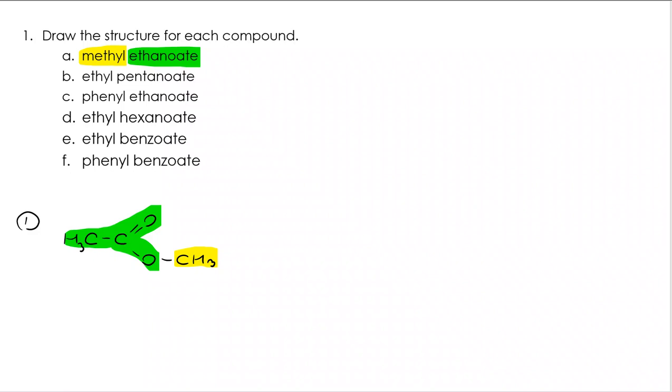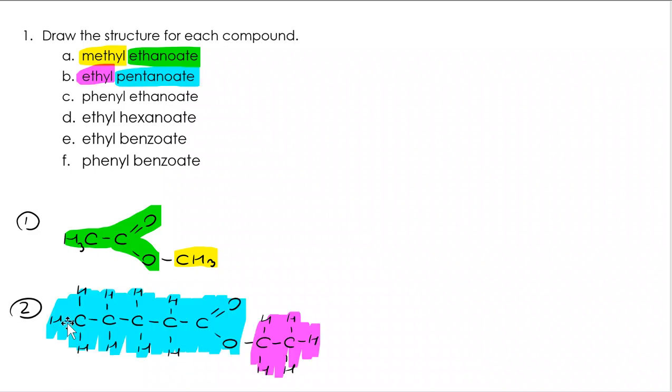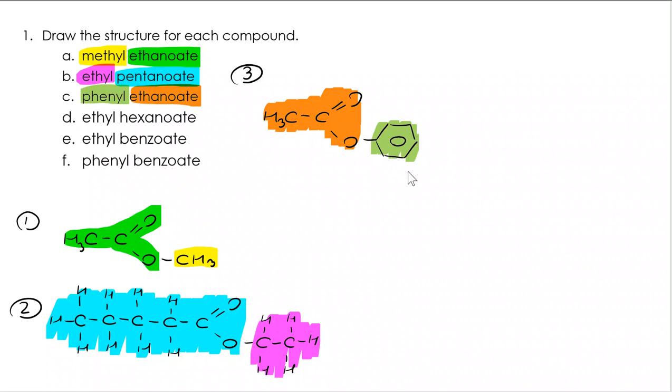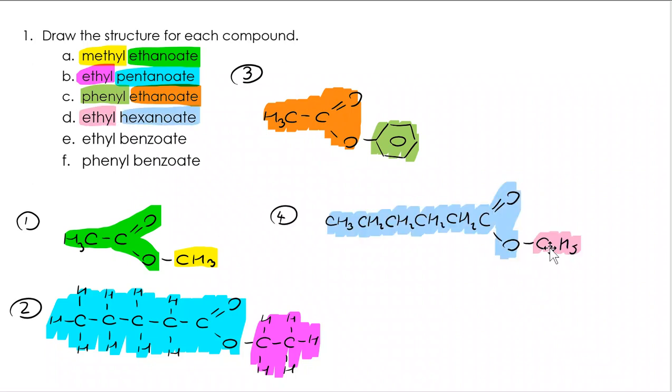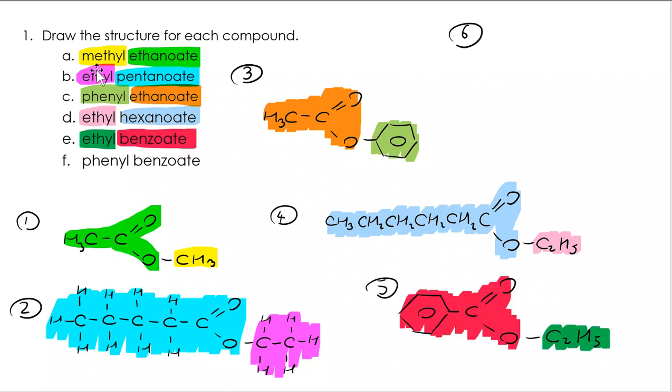For ethyl pentanoate, for the second one, I've got my pentanoate ion, and I've got my ethyl group coming off from the single bond O. For C, phenyl ethanoate, well, phenyl comes from phenol, so I've got my benzene ring here, and my ethanoate ion, similar to what we saw in the first one. For D, it's ethyl hexanoate, so we have got the ethyl group and the hexanoate ion. We've got ethyl benzoate, well, there is my benzoate ion from benzoic acid, and here is my ethyl group.